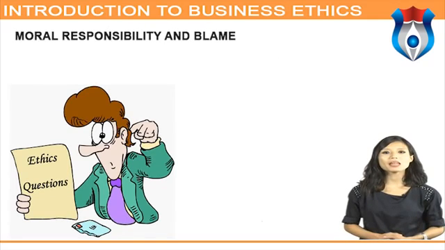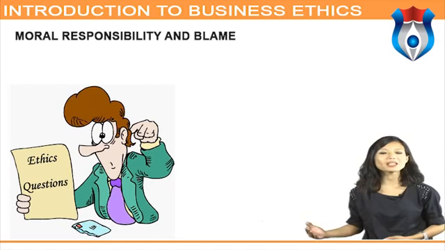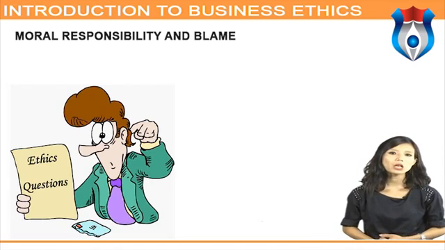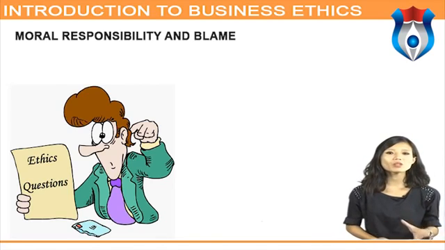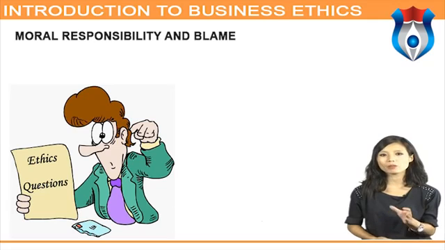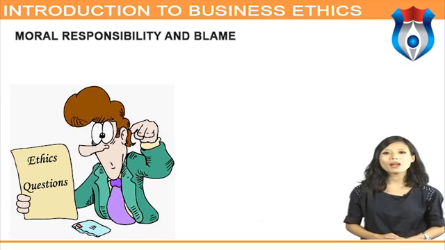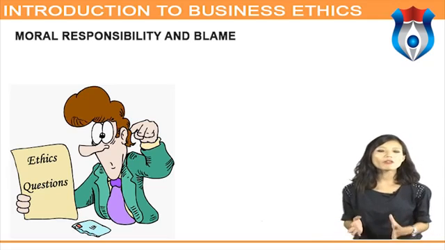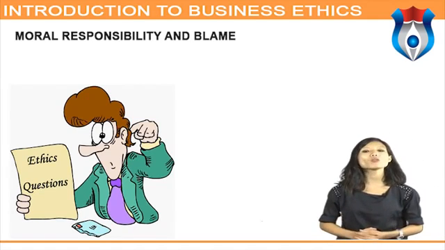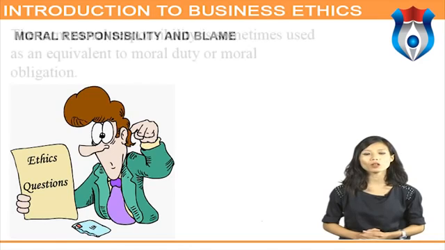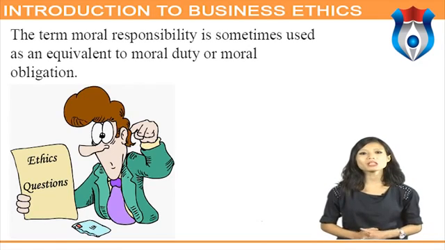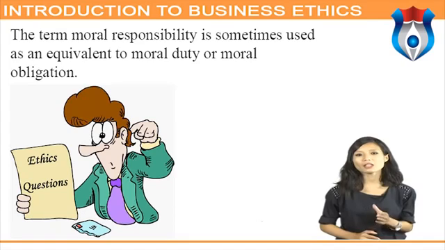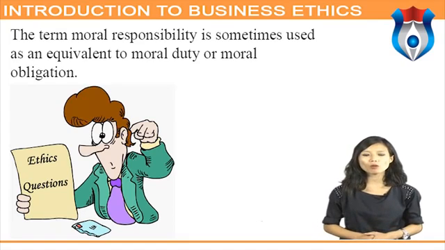Moral responsibility and blame. Coming up to the next topic, moral responsibility. Moral reasoning, however, is sometimes directed at a related but different kind of judgment, determining whether a person is morally responsible or culpable for having done something wrong or for having wrongfully injured someone. The term moral responsibility is sometimes used as an equivalent to moral duty or moral obligation.